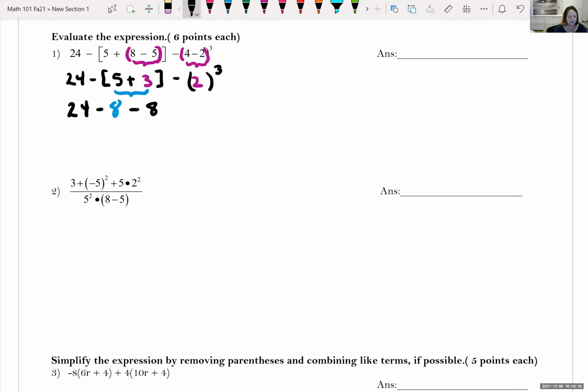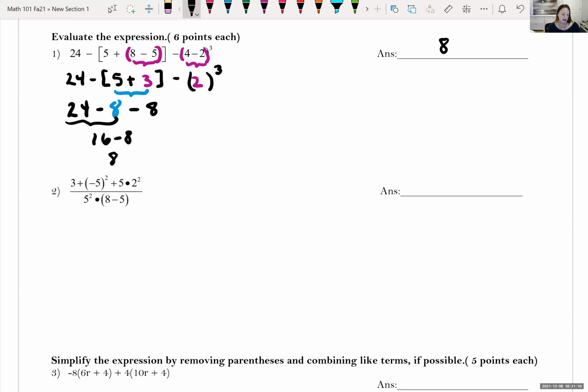So order of operations, when all the parentheses exponents are done, multiplication and division left to right, that's not there. So addition and subtraction left to right. So 24 minus 8 is 16. 16 minus 8 gives us 8.